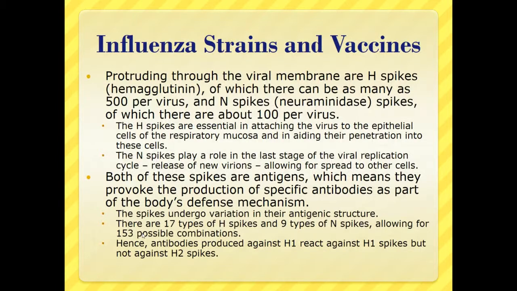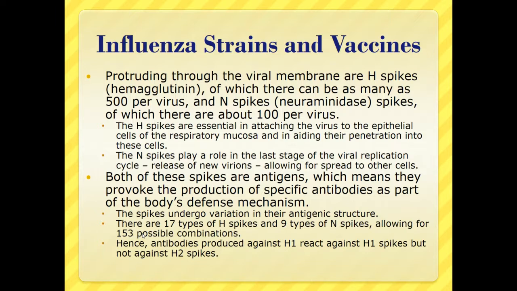Now, when we look at influenza, we have several different strains, because we have the H spikes and we have the N spikes. And I've talked a little bit about these. The H spikes are the hemagglutinin, the N spikes are the neuraminidase. H spikes allow the virus to attach to the receptors on the cells in the respiratory tract.